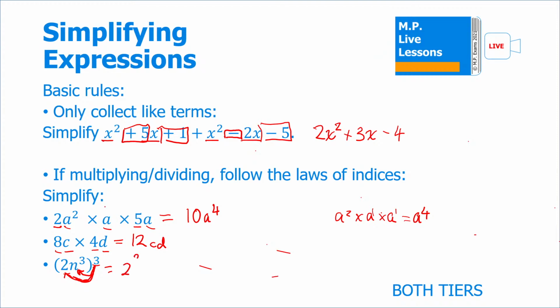So if we have a 2 to the power of 3, and then brackets n to the power of 3, that to the power of 3 as well. So 2 to the power of 3 is 2 times 2 times 2, which is 8. Times, when we have a power raised to another like this, we multiply the powers, so n to the 9. We don't need this multiplying sign, so that's just 8n to the power of 9, like this.